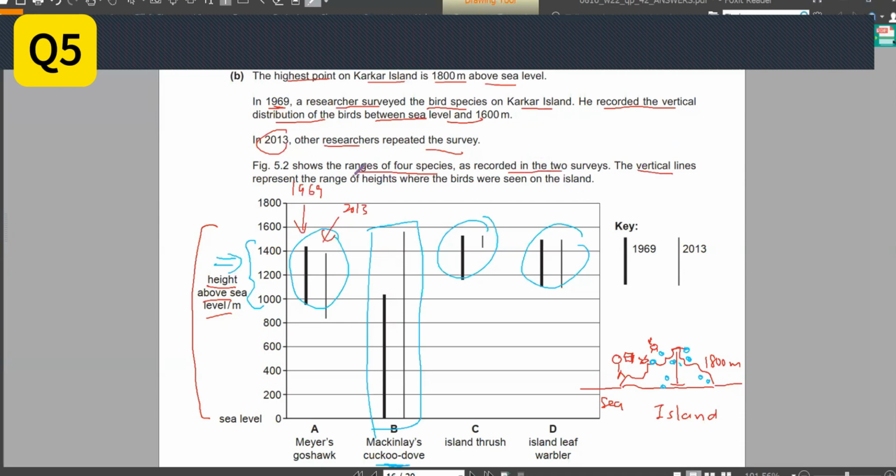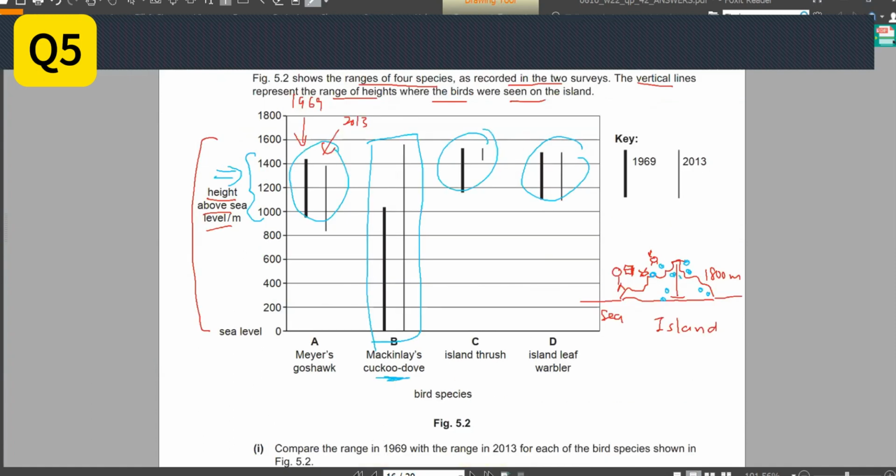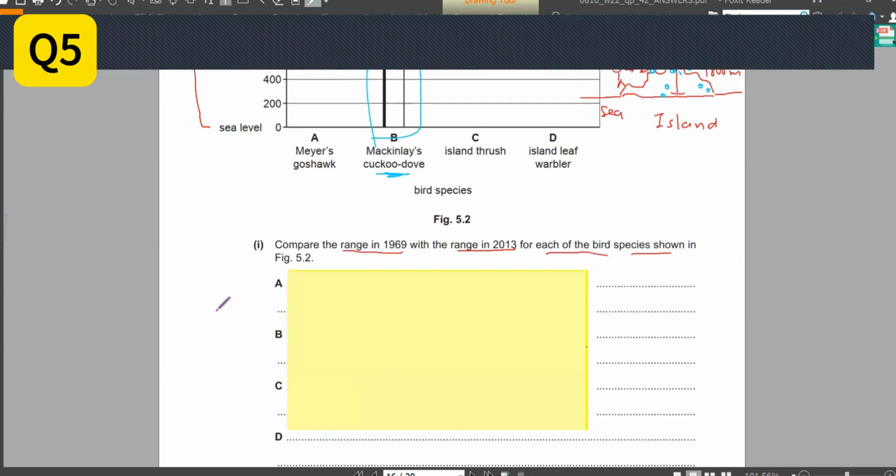The vertical lines represent the range of heights where the birds were seen on the island. These are the main pieces of information. Compare the range in 1969 and 2013 for each of the bird species shown in Figure 5.2. So we're going to make some comparison here.